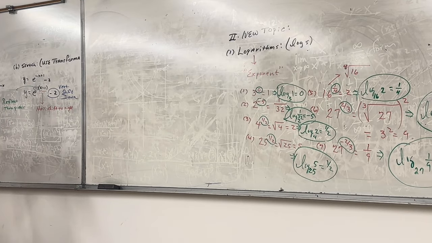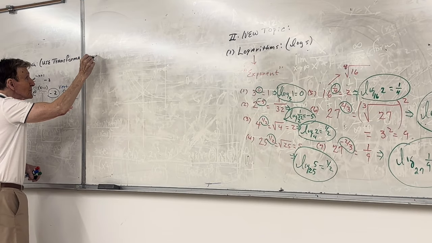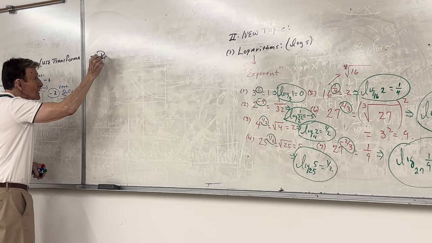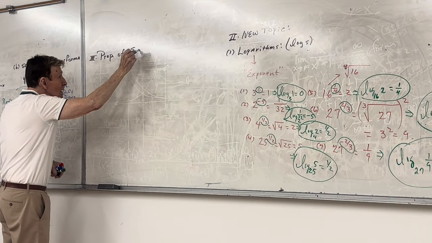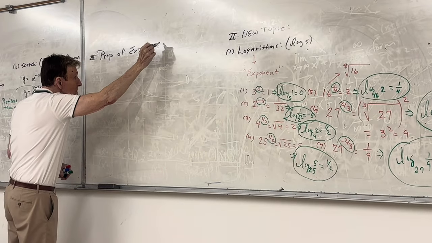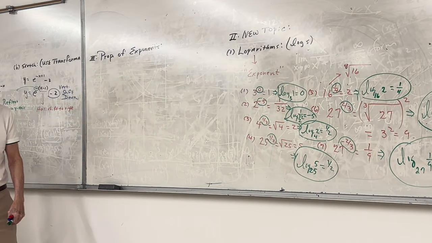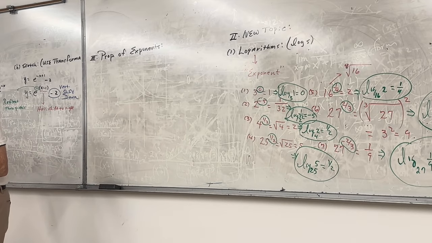Let's call this part 3. Properties of exponents. I've got more to say after the break, but let's get at least this out of the way. Properties of exponents. Now think about exponents, logarithms.